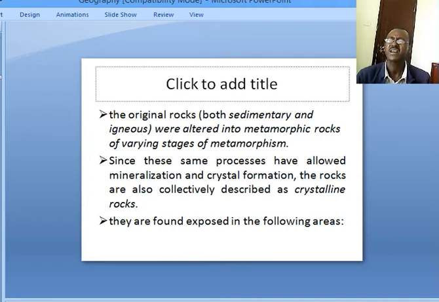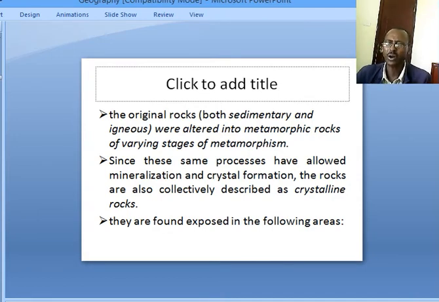These are very strong rocks, and a good example of this is marble. Since these same processes have allowed mineralization and crystal formation, the rocks are also collectively described as crystalline rocks because they have so many crystals within them.